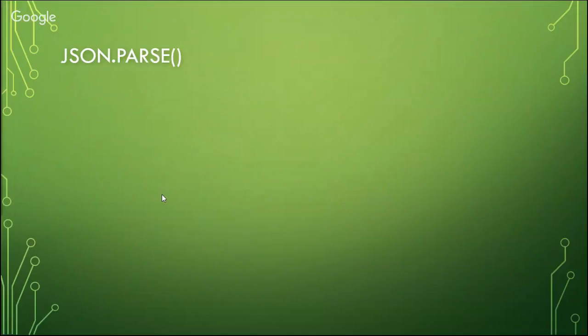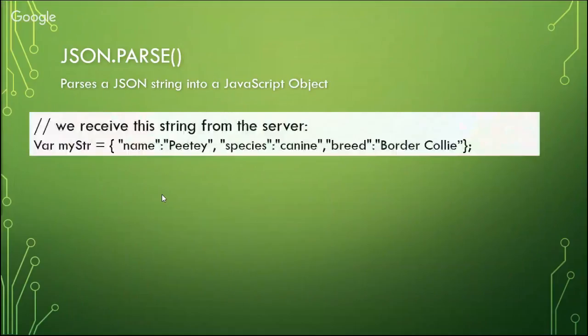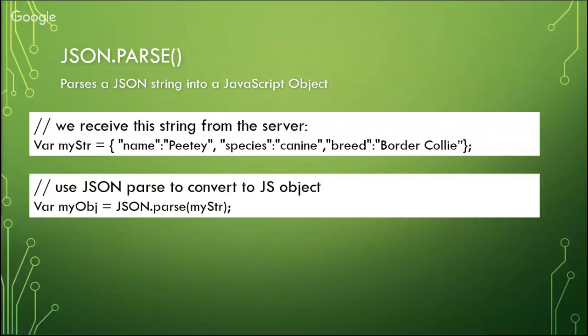So let's get down to JSON parse. Parse turns a JSON string into a JavaScript object. If we receive this from the server, in this case I assign it to a variable myString. Notice how we have different keys and values. We use the JSON parse method to convert it into an actual JavaScript object.